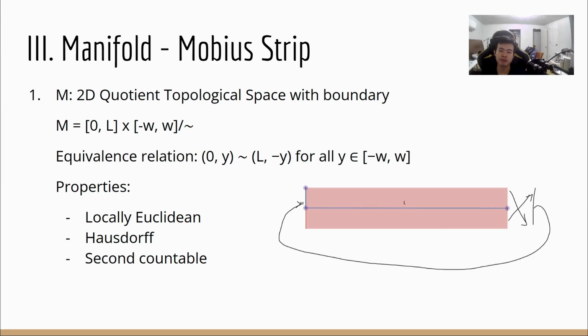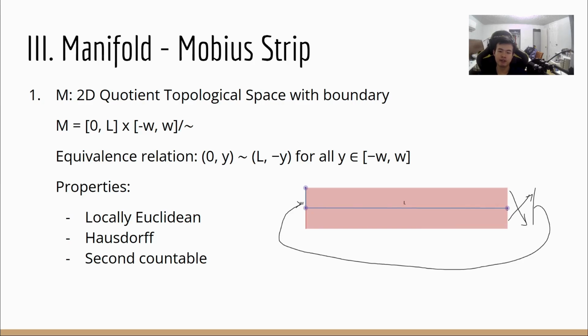And here are some properties of this space. First of all, it is locally Euclidean, which I explained on the previous slide. The second property is that it is a Hausdorff space, which means any two distinct points can be separated by disjoint neighborhoods, which informally means that we can tear this apart cleanly.